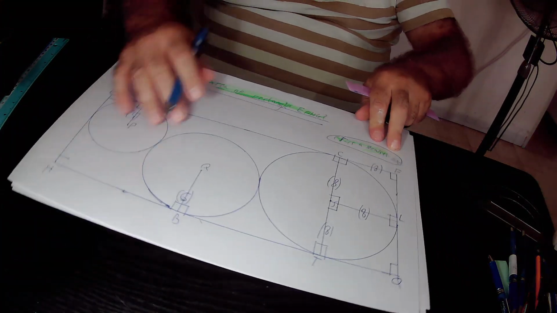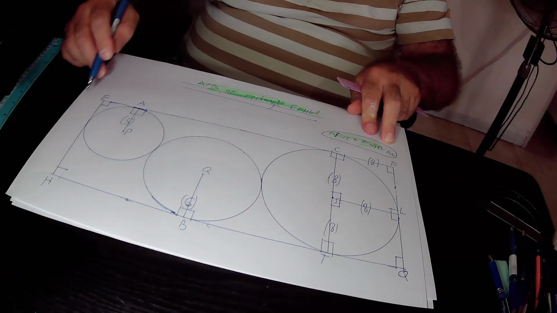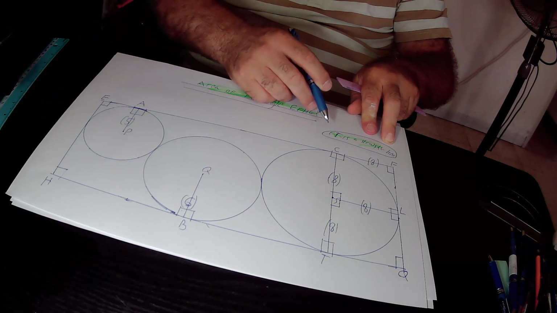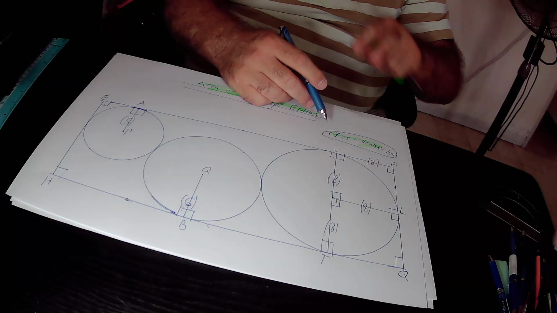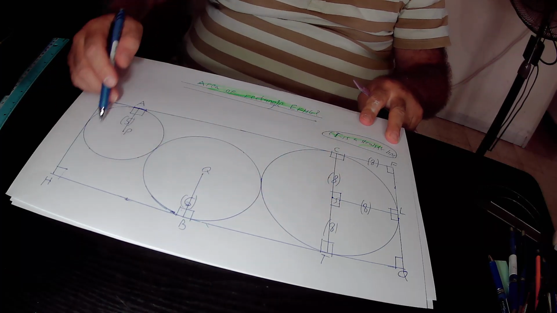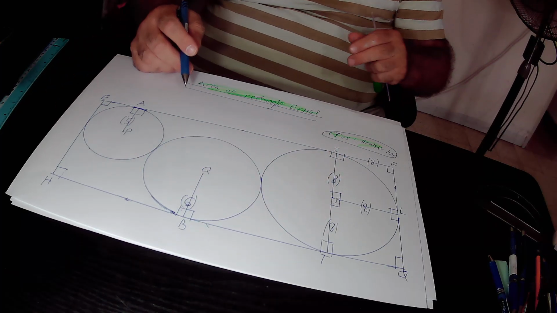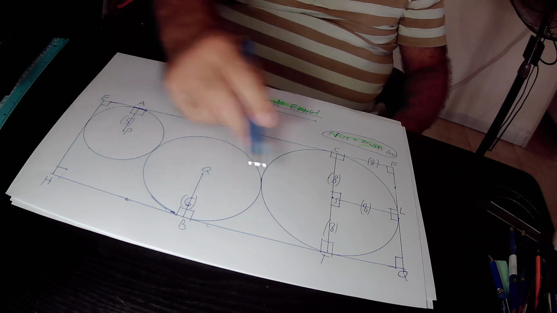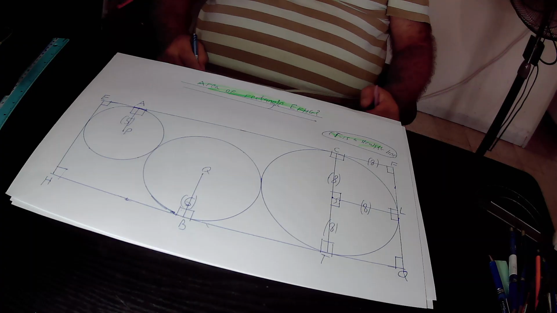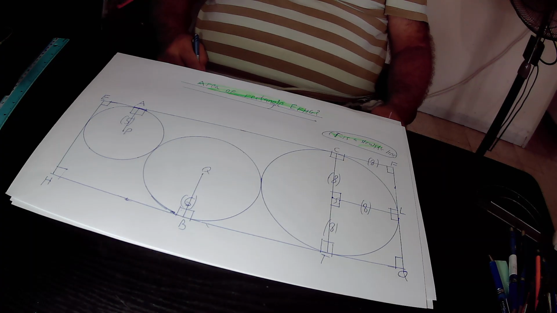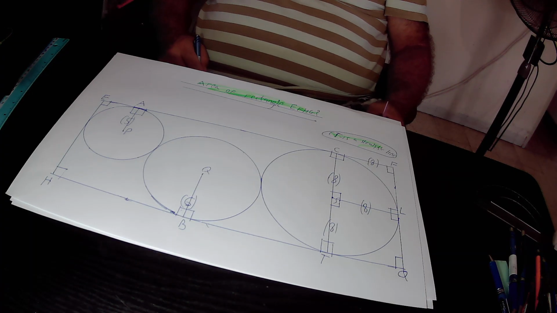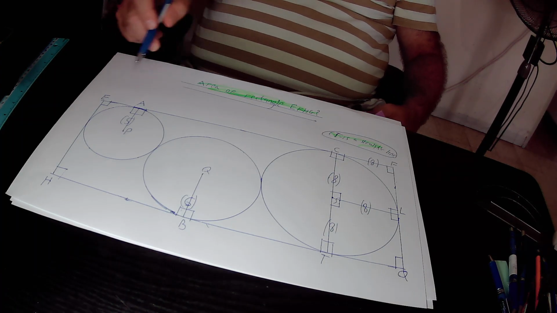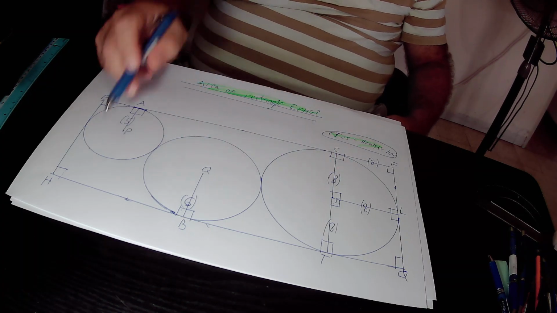Therefore this shape CT edge EC, it is a quadrilateral. Why? Because it has 4 sides: 1, 2, 3, 4. It is a quadrilateral with 4 right angles: 1, 2, 3, 4. And you know that any quadrilateral that has 4 right angles must be a rectangle, not a square. So we identify this big quadrilateral as a rectangle.